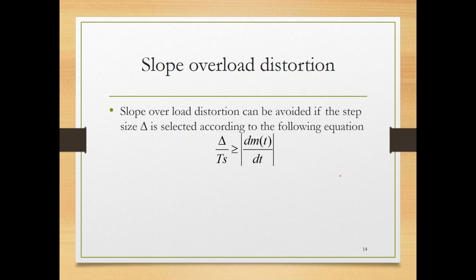Think with me, like we want to derive this equation logically. Don't worry about the equation. This equation says slope overload distortion can be avoided if the step size delta is selected according to the following equation. Where did this equation come from? We need to understand this by logic.